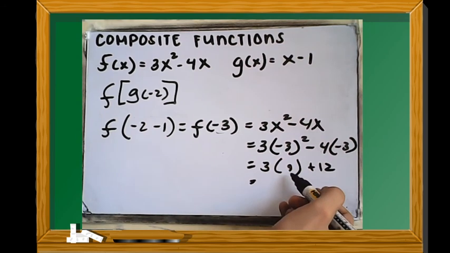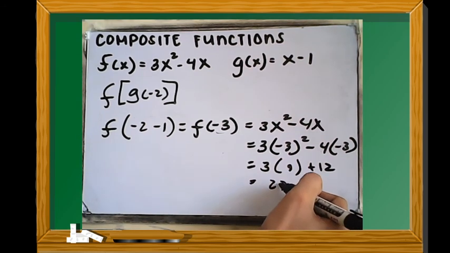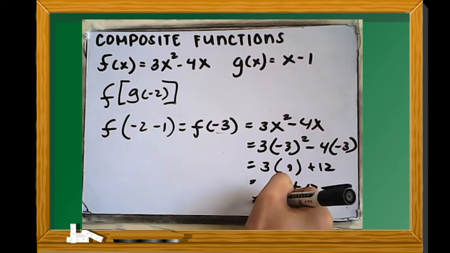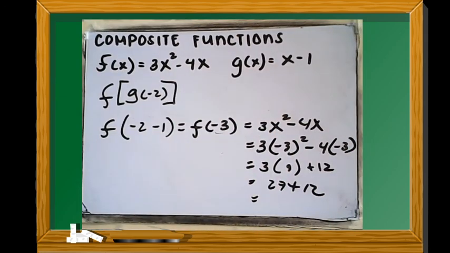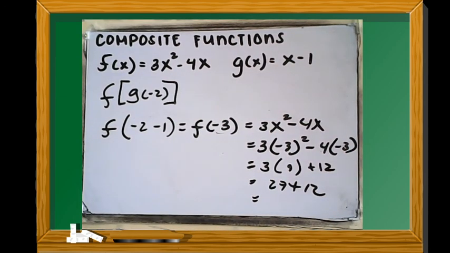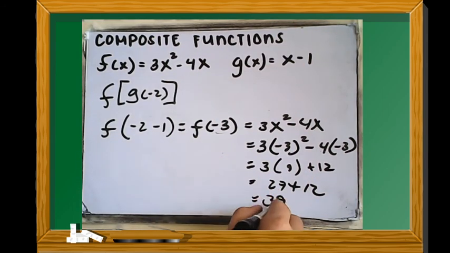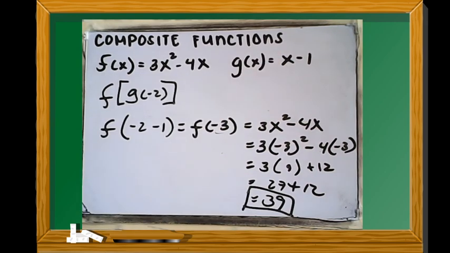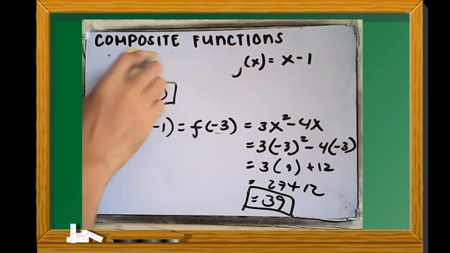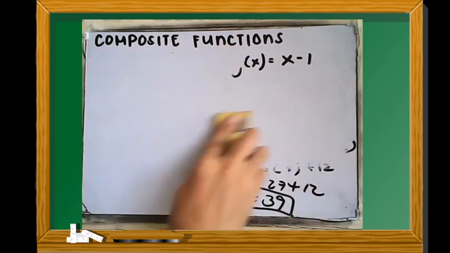And then 3 multiplied by 9 is 27, plus 12. So perform the operation. 27 plus 12 is 39. So the final answer is 39. So that is composite function. That is how to solve a composite function.